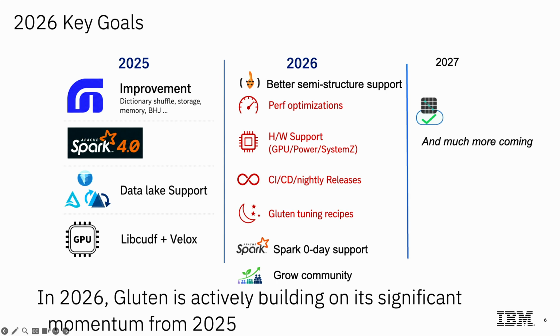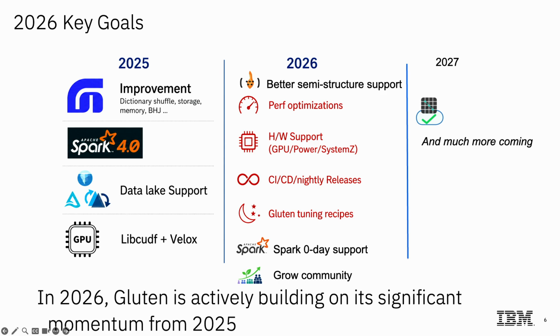And then we are expanding the platform support. x86 and ARM are already supported. We are adding the GPU support and also expanding the support to IBM Power and IBM System Z. And we are enhancing the nightly releases by enhancing the CI/CD pipelines. And we are adding tuning recipes. In general, we are introducing some tuning methods, including I/O, memory, and some basic performance tunings.